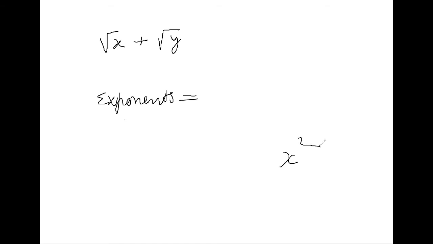We don't have x square or y square. So 2 is a wrong answer. Sir, 1. We don't have x, we don't have y, so the exponents are 1 and 1. Again a wrong answer.